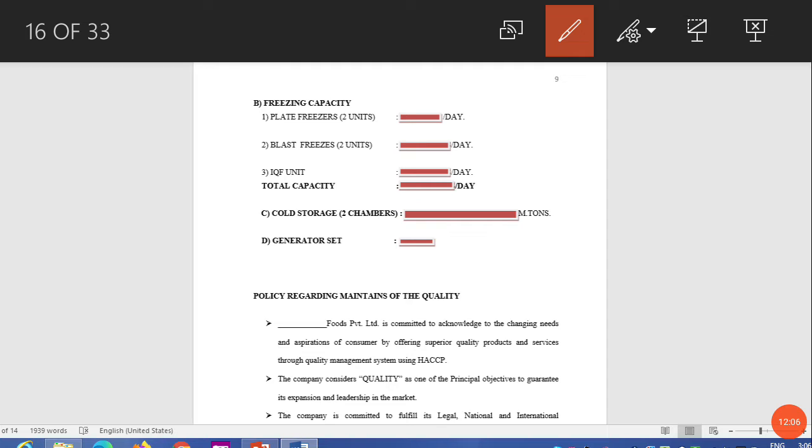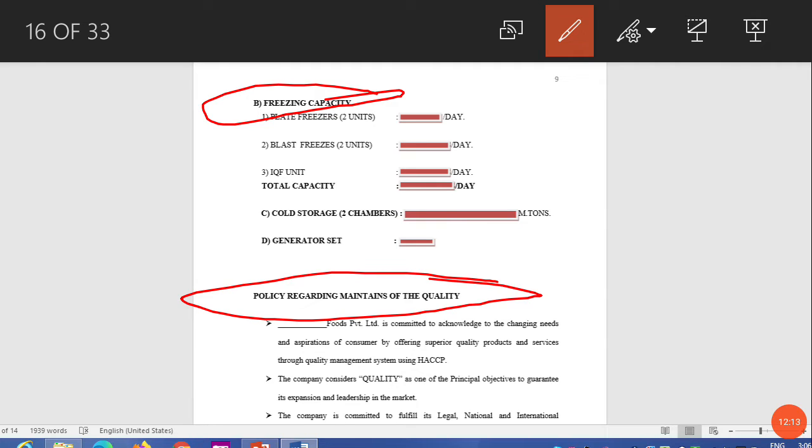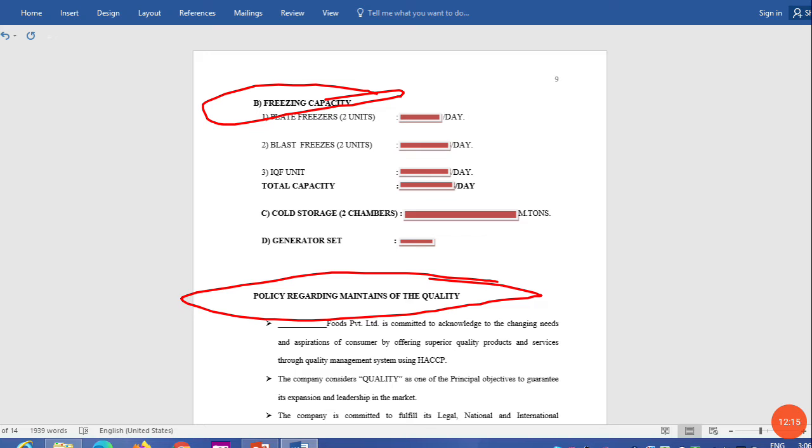It is followed by freezing capacity and policy regarding maintenance of quality.